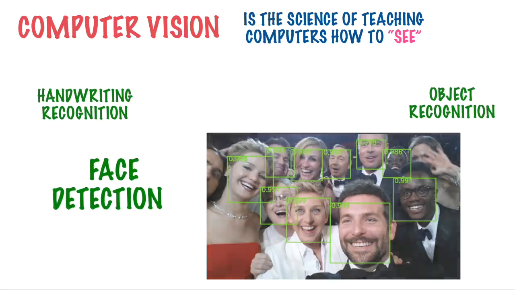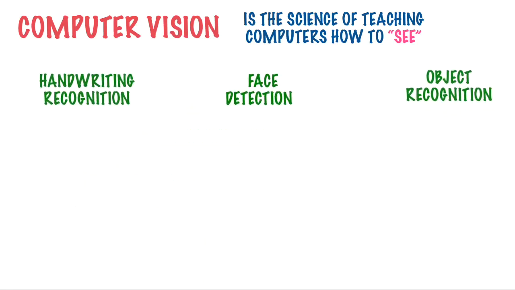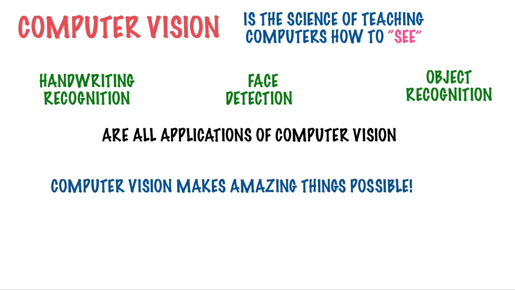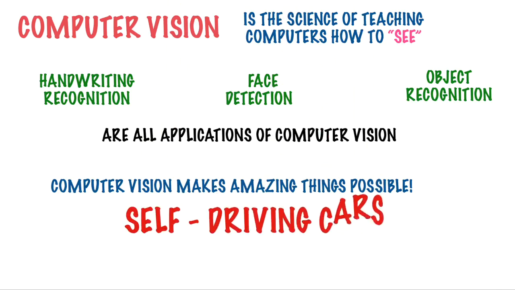Computer vision, as you can see, opens up so many different possibilities. If computers could see and understand the world around them, they could do amazing things. For example, self-driving cars wouldn't be possible if you didn't have computer vision.